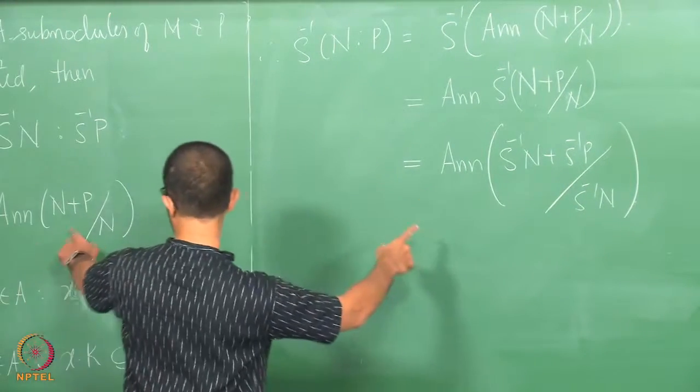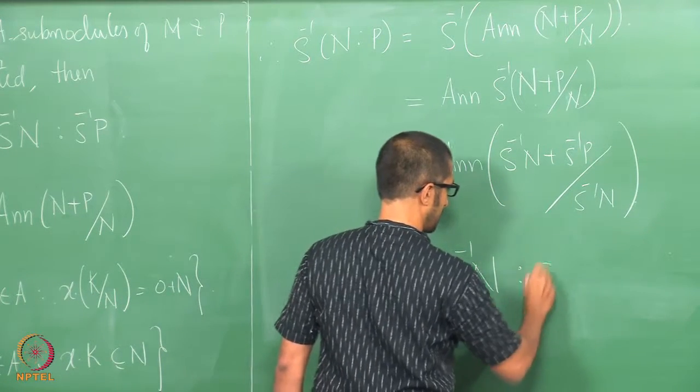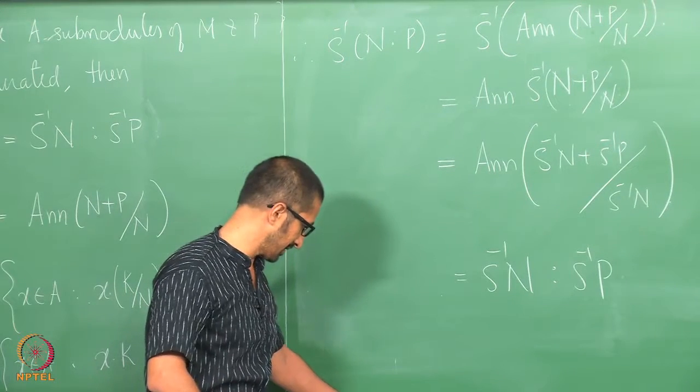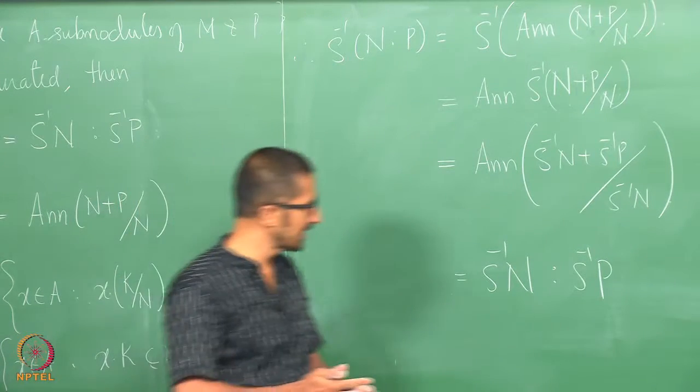Now I use this property once again to say that this is the same as S inverse n colon S inverse p. So, these are some of the most important properties of localization that we will be using.